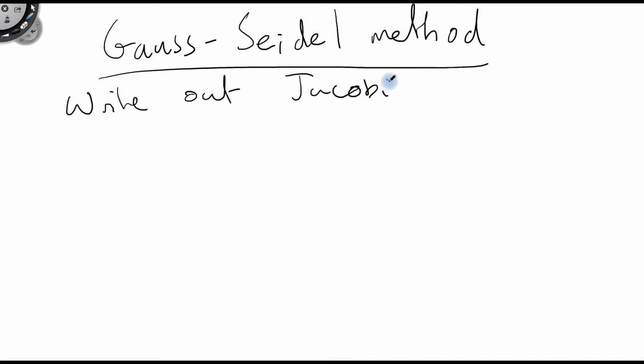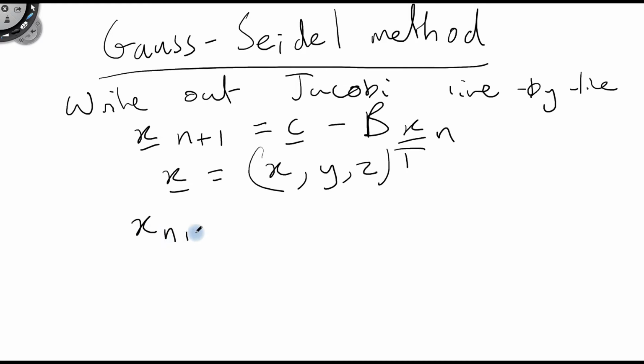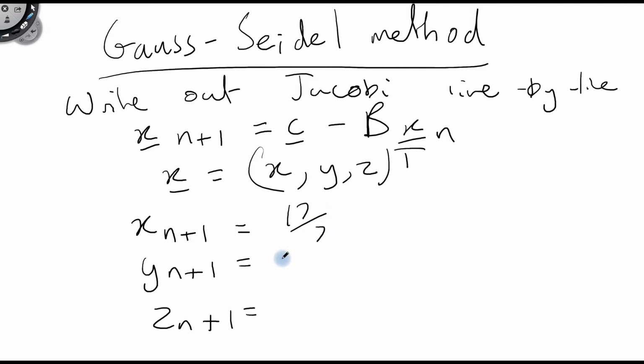So if we write out Jacobi line by line, it was x n plus 1 equals c minus b of x n. Then if we call x equals x, y, z transposed, and write that out in component form, we have x n plus 1 equals something, y n plus 1 equals something else, z n plus 1 equals these things.